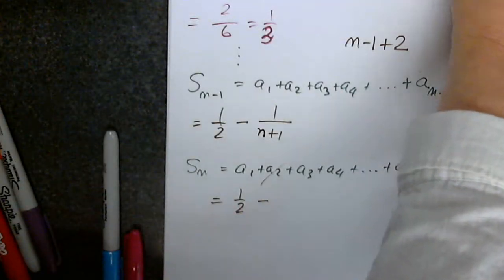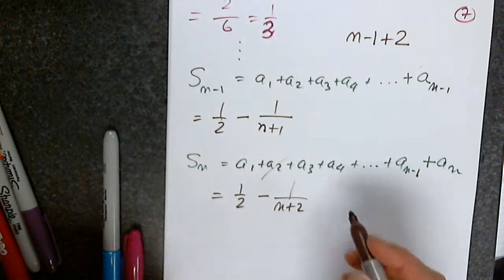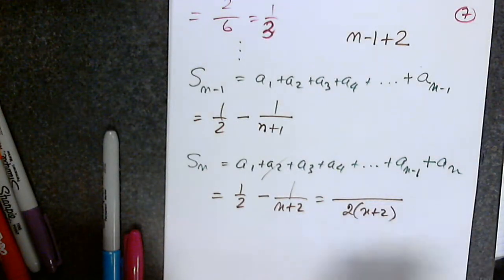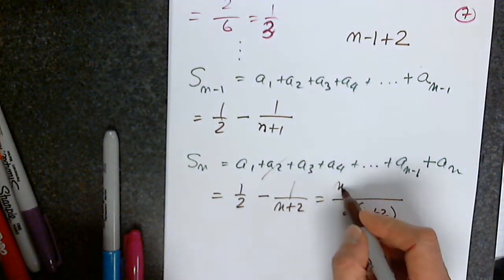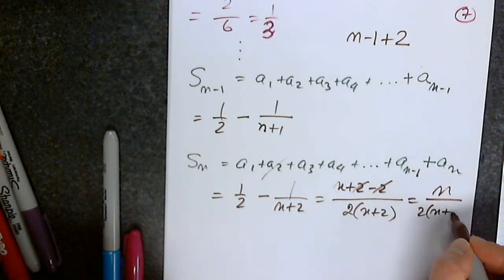Okay, very good. Minus 1 over n plus 2. Yes, I can find the least common denominator, and then n plus 2 minus 2. So it's n over 2 times n plus 2.